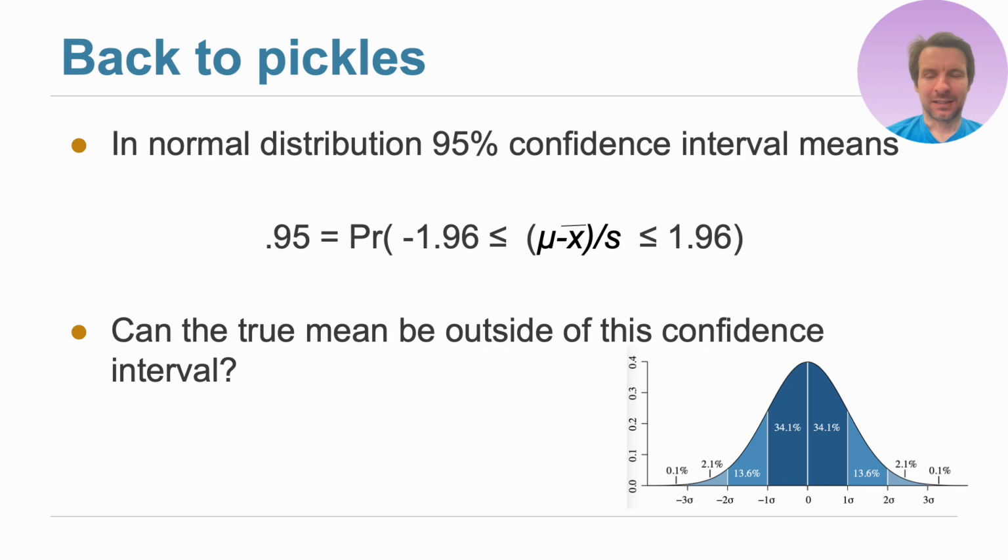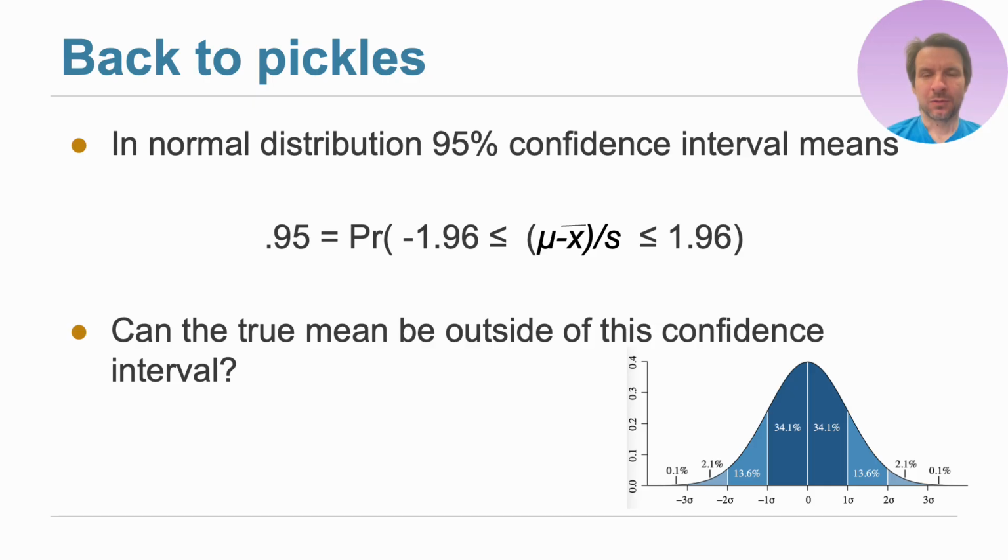So most likely you are within 1.96 times the standard deviation of the true mean. So your sample mean minus the true mean is at most 1.96 times the standard deviation, with probability 95%. Right?